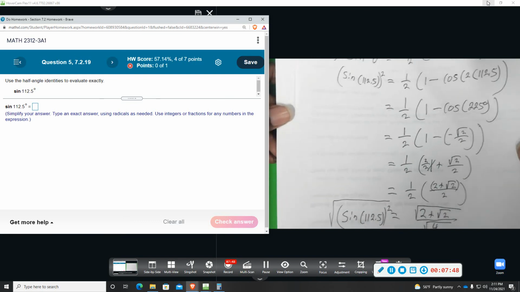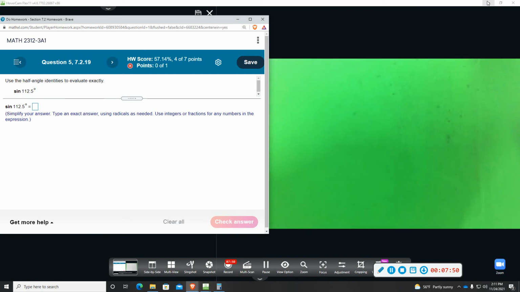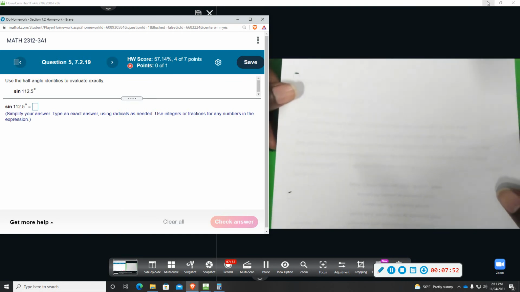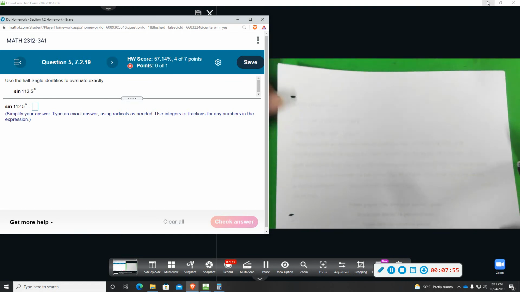So the version of this half angle identity that they give us from the textbook is this.